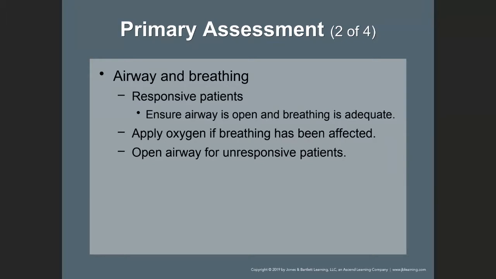Apply oxygen if breathing has been affected. Open airway for unresponsive patients. And all of this will be based on your assessment findings, because you cannot treat something that you have not assessed for. So an assessment must be done, then the appropriate treatment be provided to the patient.